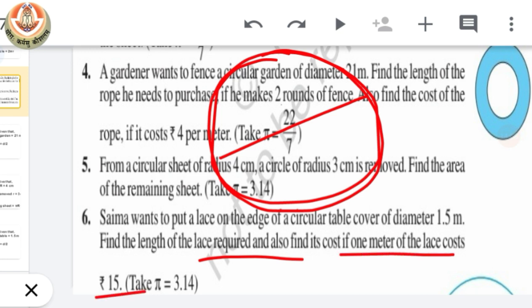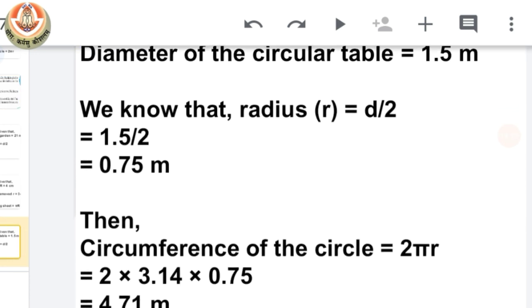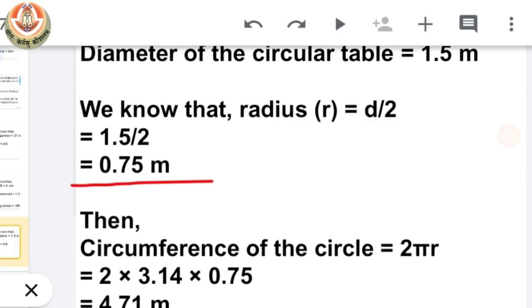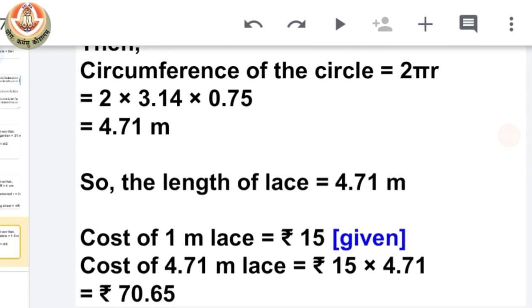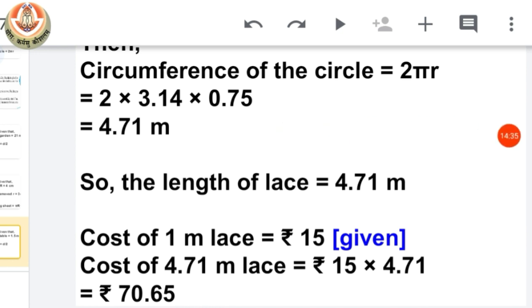So that means first we have to find the circumference of this circular tablecloth. Then we can easily find the rate. So the diameter of this circular table is 1.5 meters. So the radius will be half of 1.5 meter, that is 0.75 meter. So its circumference will be 2 pi r. That is, we put the value for pi, which will be 3.14, and r, that is the radius, is 0.75.